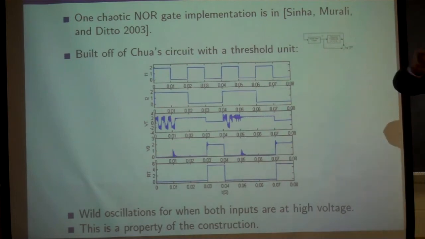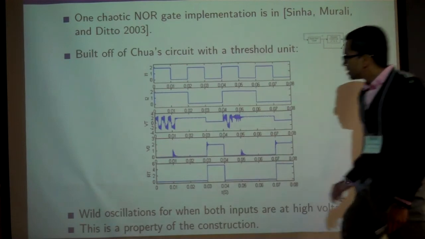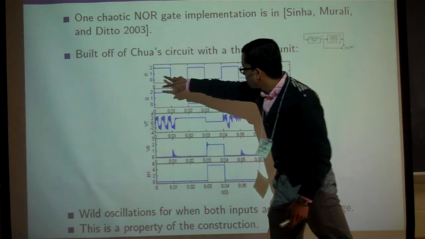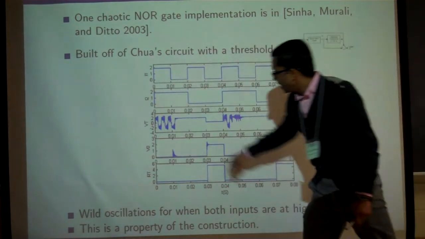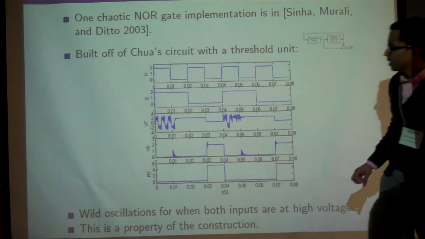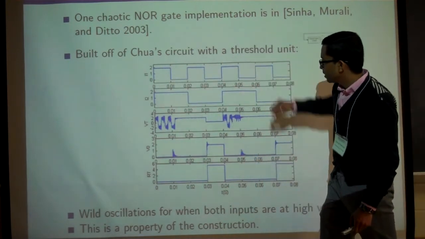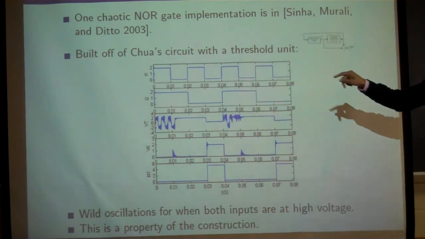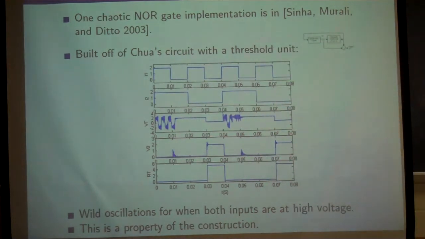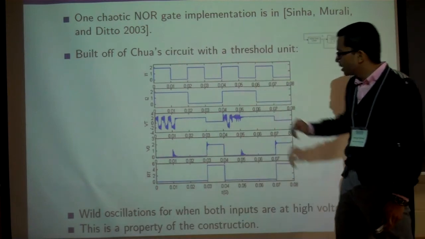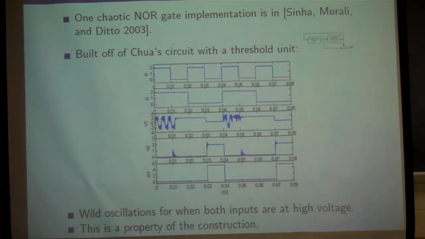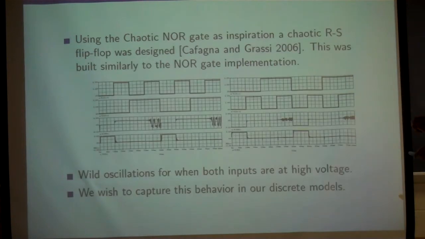Basically, they take Chua's circuit and they use a threshold control unit, and that way they get the desired outputs for a NOR gate. We see here, these are the two input voltages, and this is the threshold voltage. Whenever it's 1-1, we get these wild oscillations, and it seems kind of random. So this is a property of the construction, it seems. This is just for the NOR gate.